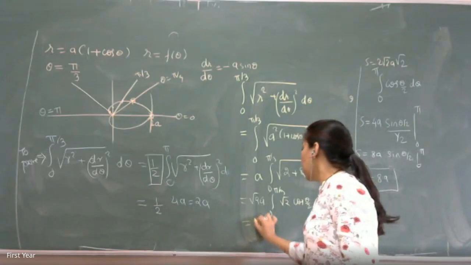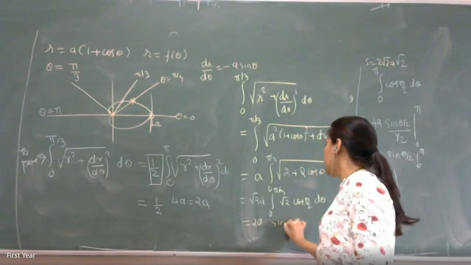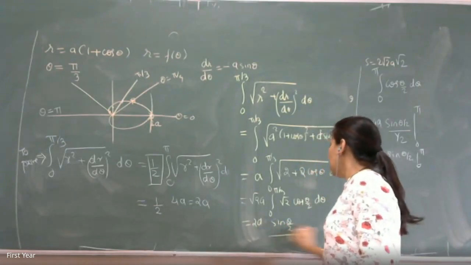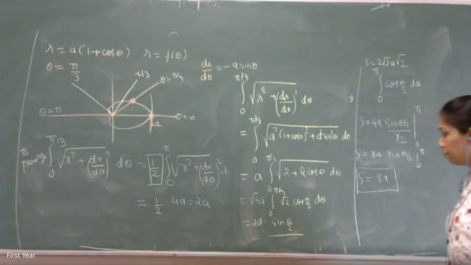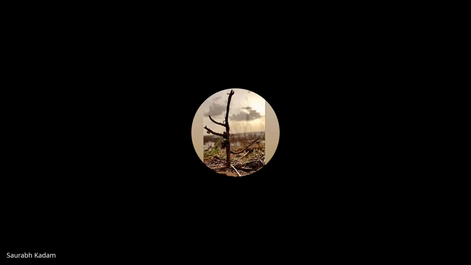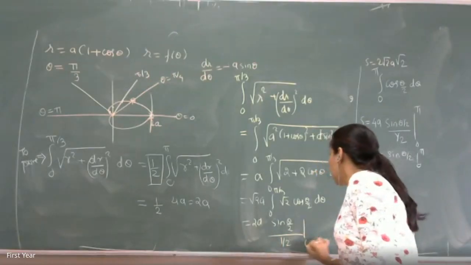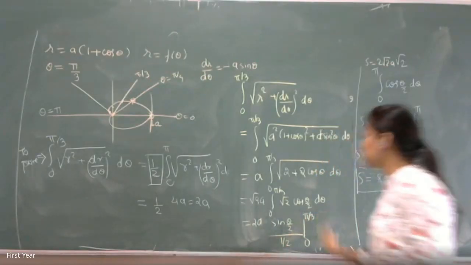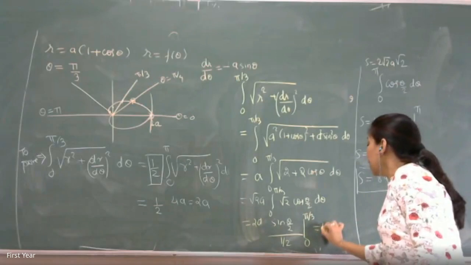So it is 2a into sin of theta by 2 upon 1 by 2, from 0 to pi by 2. That's it. So it will be 4a.